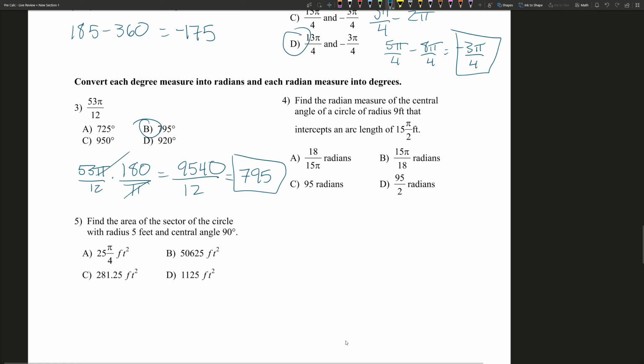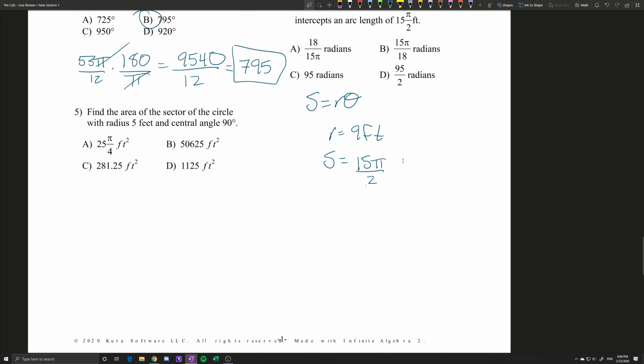Number 4, find the radian measure of the central angle of a circle of radius 9 feet, intercepting an arc length of 15 pi over 2. Okay, so again, our equation S is equal to r theta. We're given 2 of those variables. We are given radius, which is 9 feet, and an arc length, S, of 15 pi over 2. So then we just plug those in and go for it.